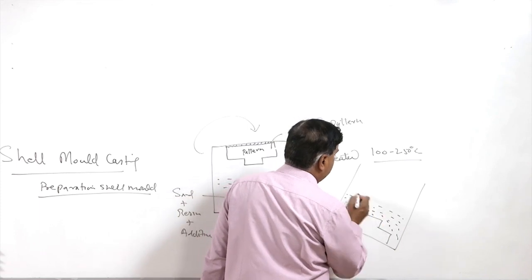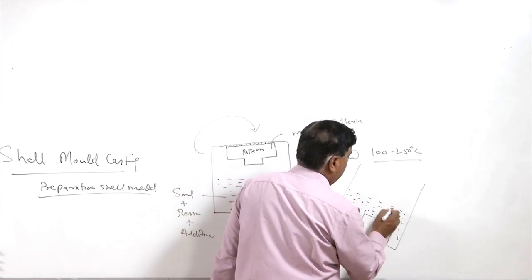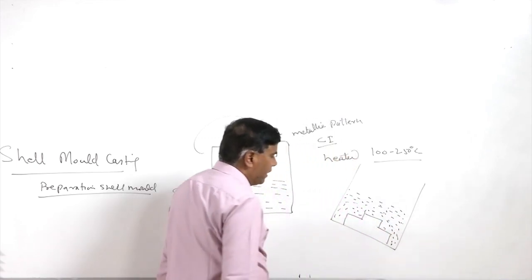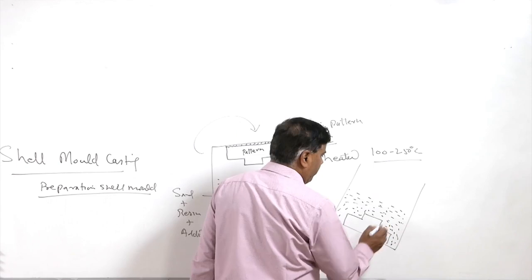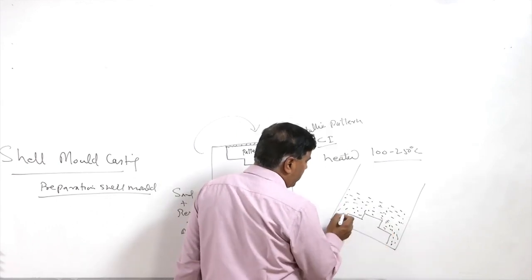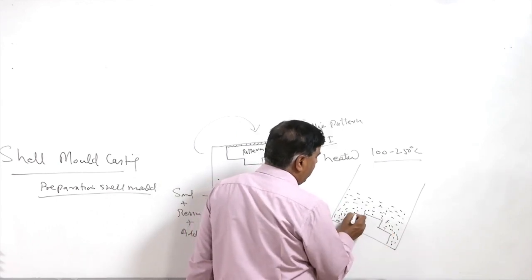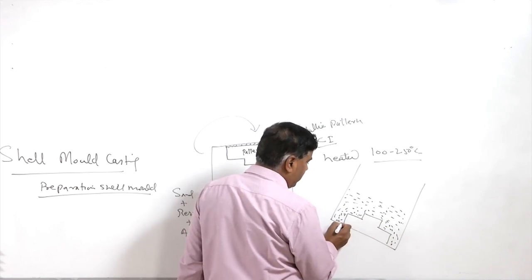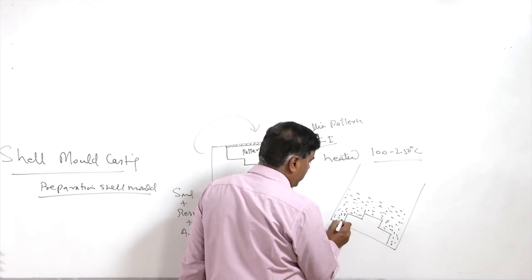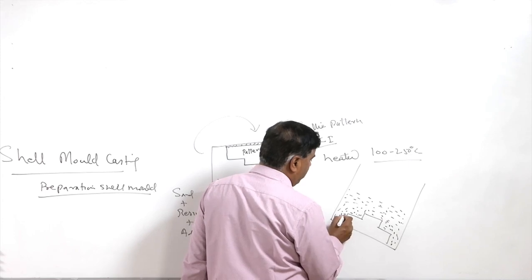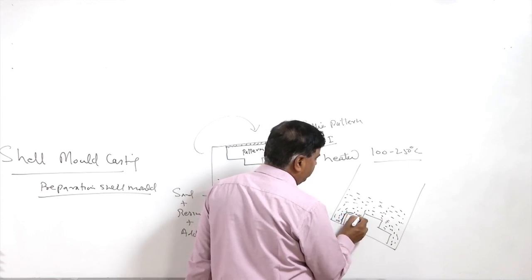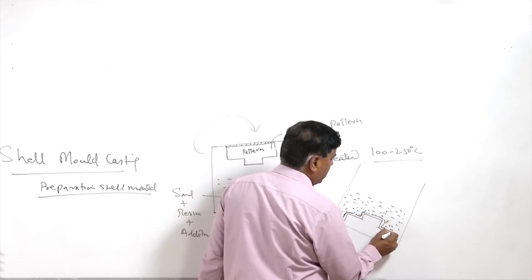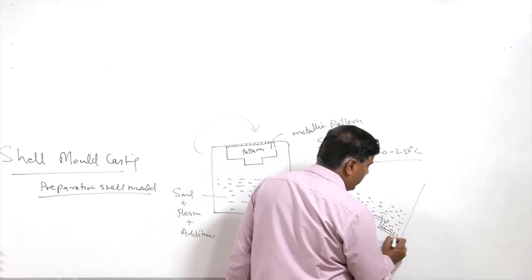So, the sand mixed with the resins and additives comes in contact with the pattern. The resins will fuse and stick to the surface of the pattern, so one shell is formed all around the pattern like this.